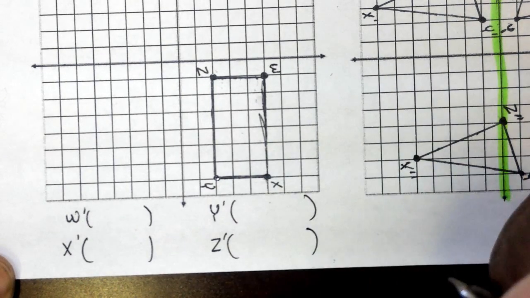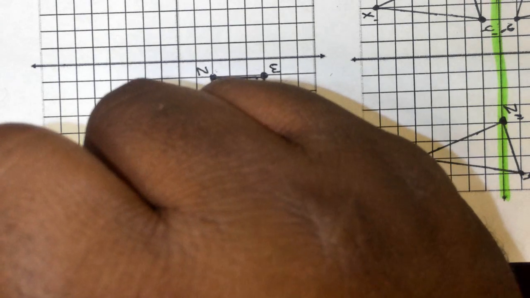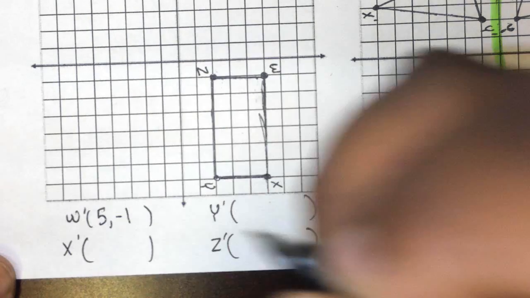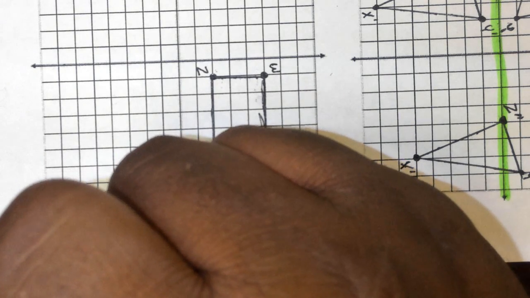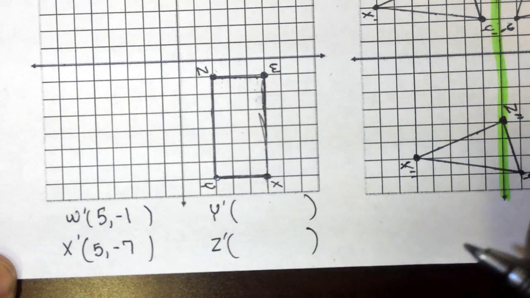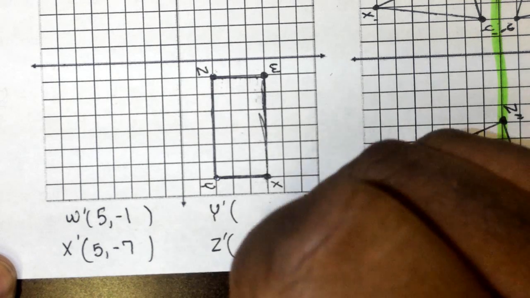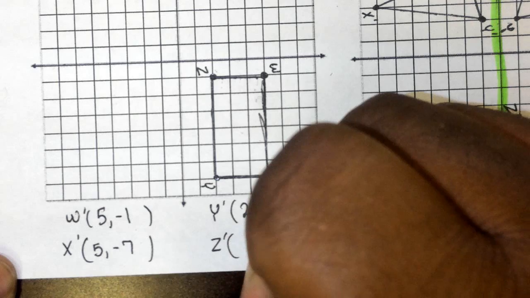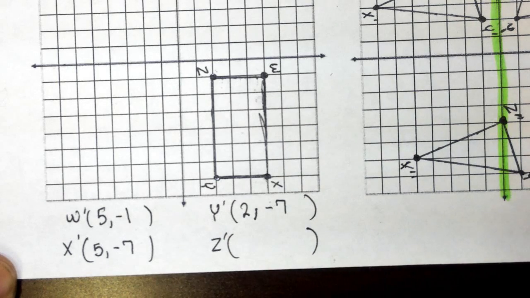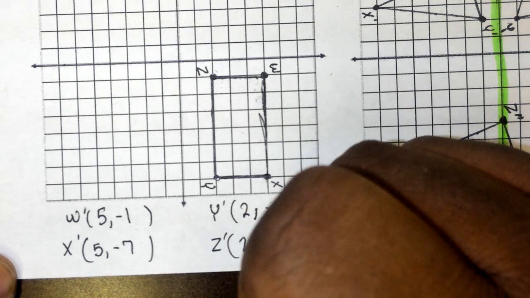W prime 5, -1. Correct me if I'm wrong. X prime 5, -7. Y prime 2, -7. Z prime is at 2, -1.